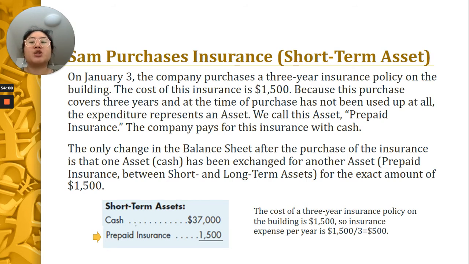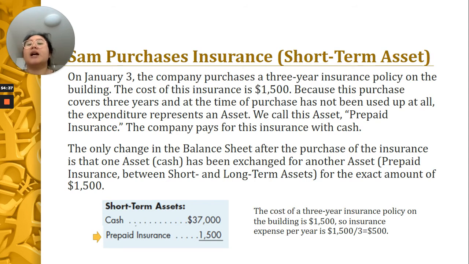Because this purchase covers 3 years and is not being used up at all at the time of purchase, the expenditure represents an asset. We call this asset prepaid insurance. The company paid for this insurance with cash, but it will be a 3-year insurance policy.